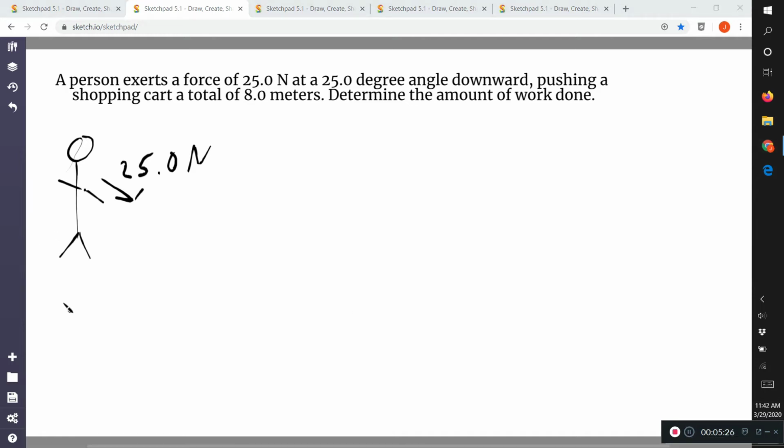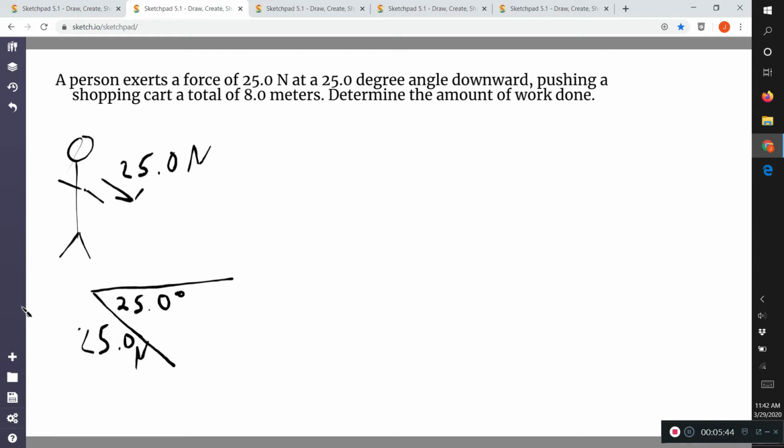All right, so if we're 25 degrees downward, and we're exerting a 25 Newton force, and our motion is going to be horizontal, we just have to work out the angle difference between the application force and the resulting movement.